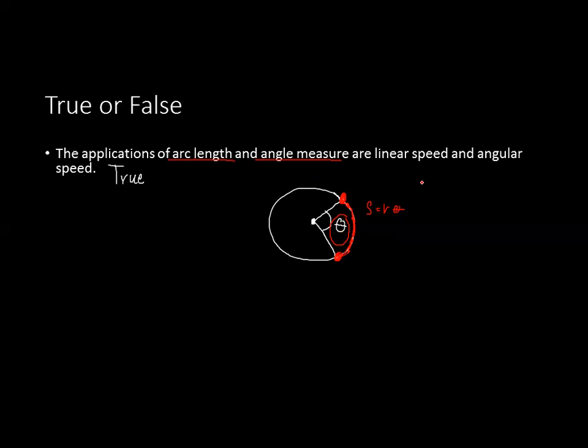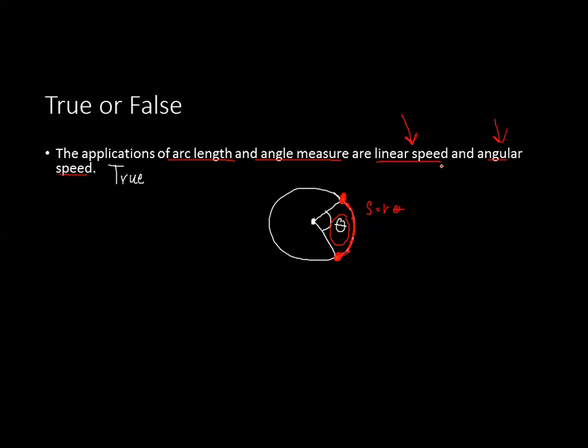Now, when it comes to distance, there's also a speed. And linear speed and angular speed are the applications of arc length and angle measures because these two will find the speed of an object in a circular motion.